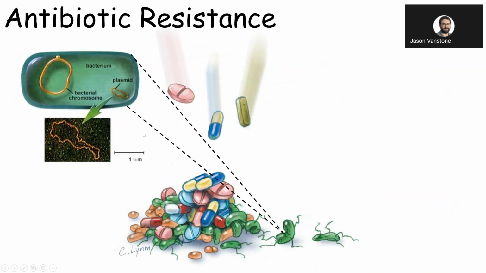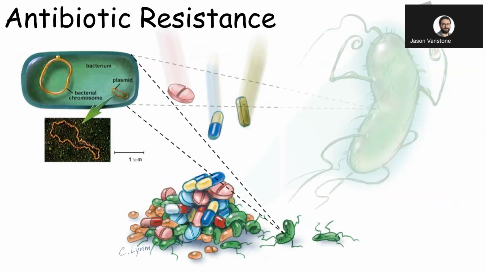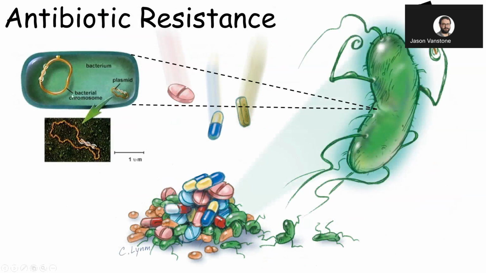And the difference when we talk about antibiotic resistance is only that these bacteria have somehow found their way to developing or acquiring antibiotic resistance genes. So this is just a genetic change that now these bacteria are able to resist the effects of antibiotics, and those antibiotics become less or ineffective at killing the bacteria that they once used to be able to kill.